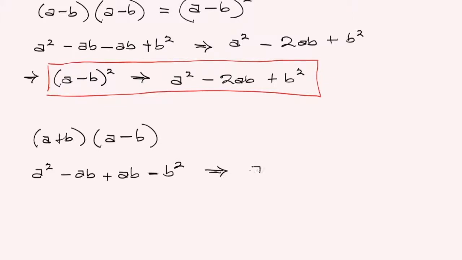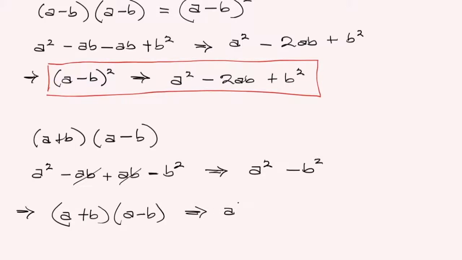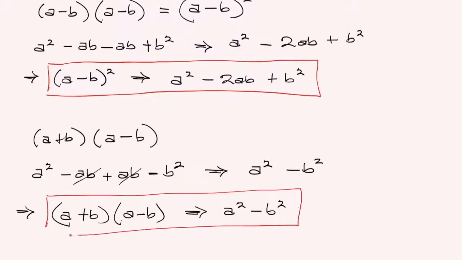And so this is going to be equal to a squared, minus ab plus ab cancels out each other, and we're left with only minus b squared. So a plus b multiplied by a minus b is equal to a squared minus b squared.